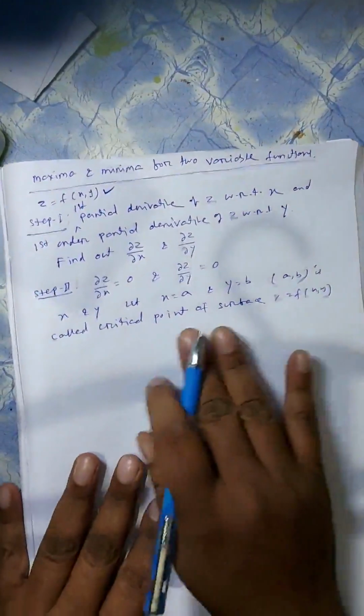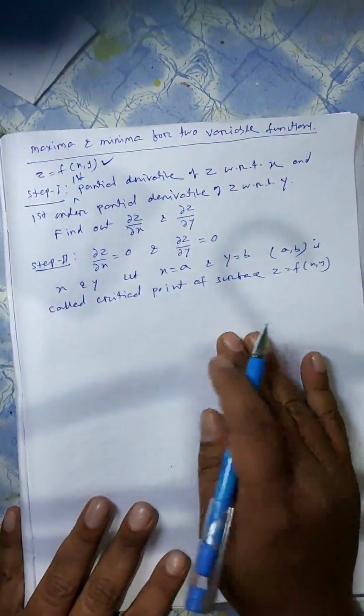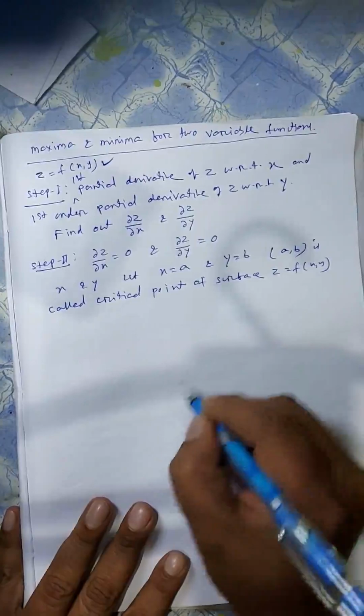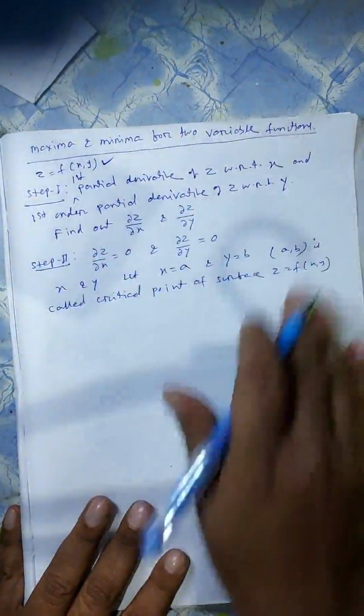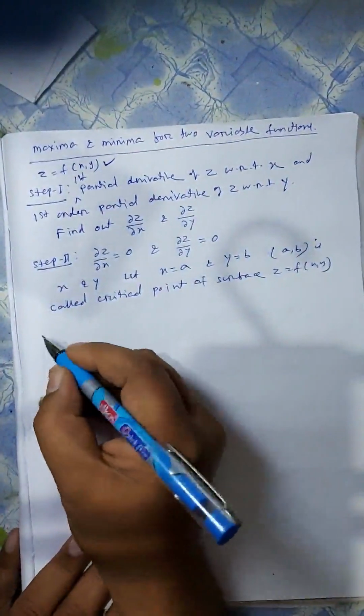On the surface, suppose this is my paper. Wherever we get (a, b), suppose here we get (a, b), this is the critical point of the surface. Okay, then step 3.